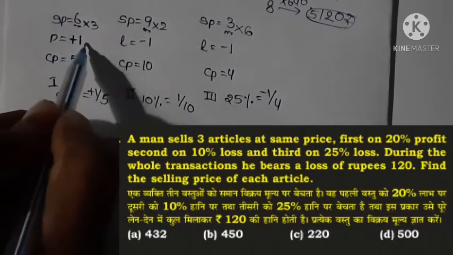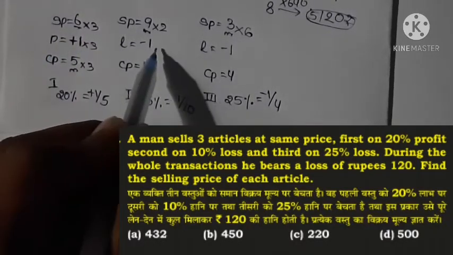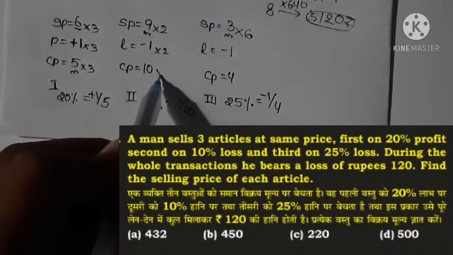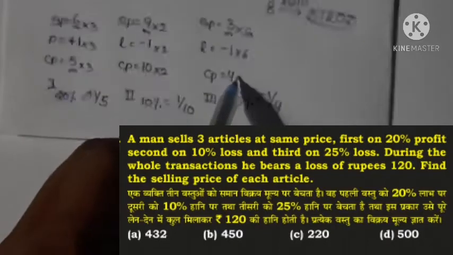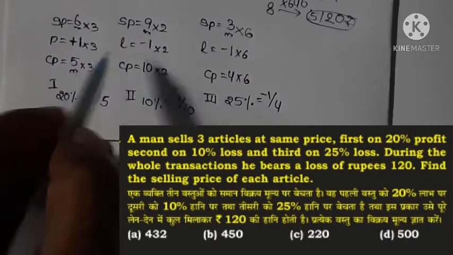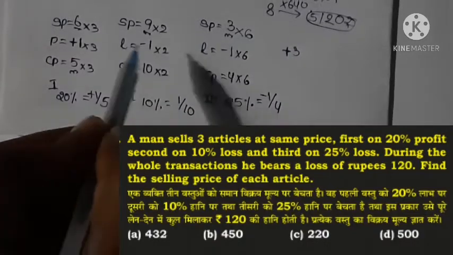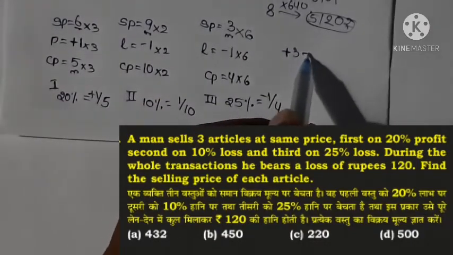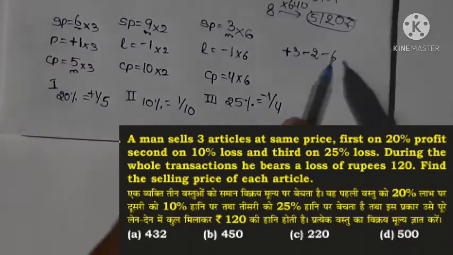Similarly multiply the cost prices: this value into 3, this value into 3, this value into 2, this value into 2, and this value into 6. During the whole transactions, he bears a loss of rupees 120. The first one is profit plus 3, the second one is loss minus 2, the third one is loss minus 6.